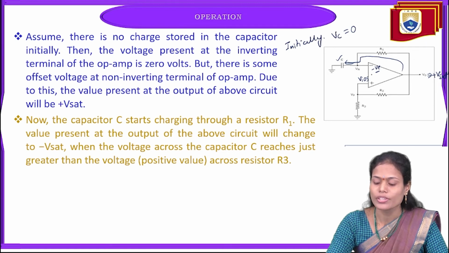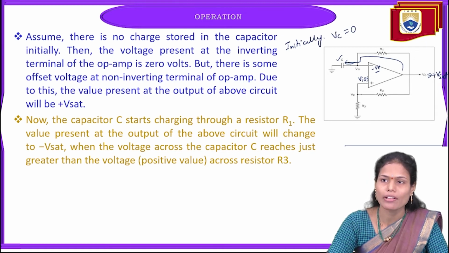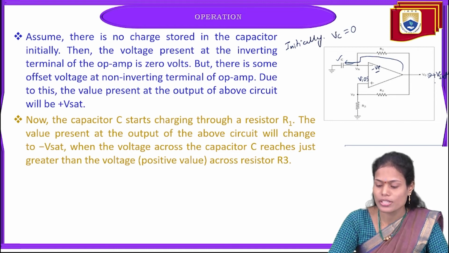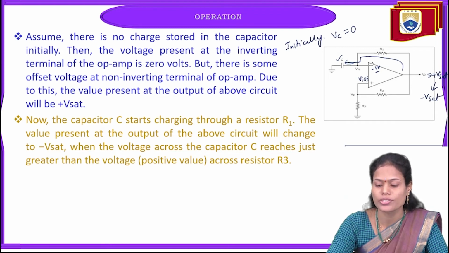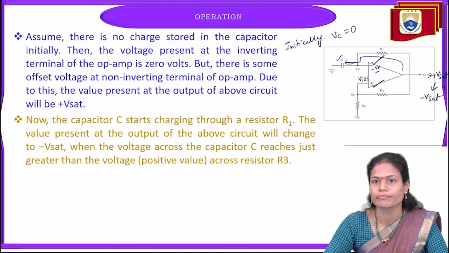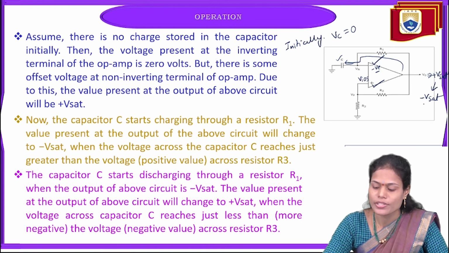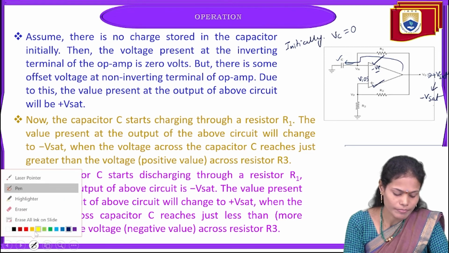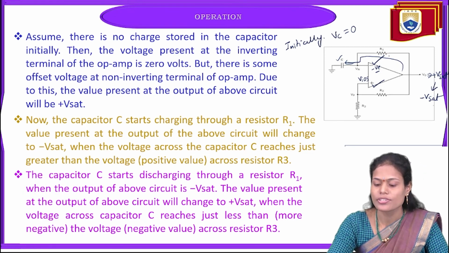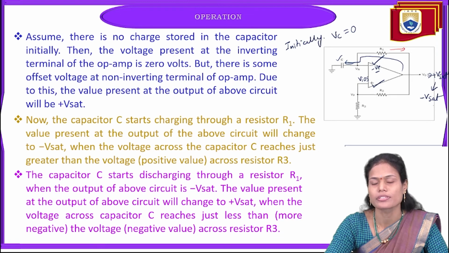Now this negative voltage is greater than the positive voltage present at the non-inverting terminal. So in this case, what will happen? My output voltage changes to minus Vsat. Why? Because this voltage is higher compared to this voltage. Once the output changes to minus Vsat, the capacitor starts discharging through this resistance R1.